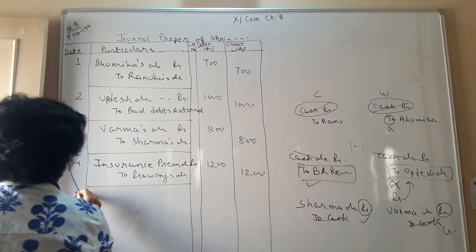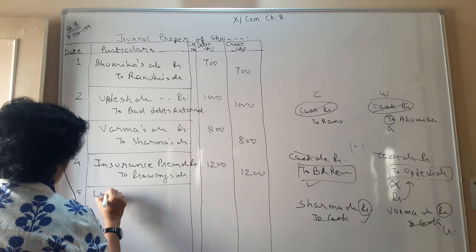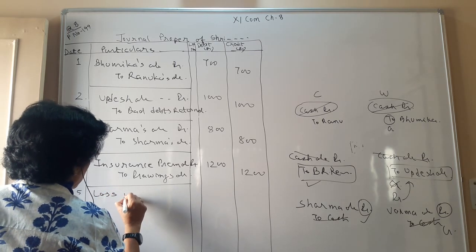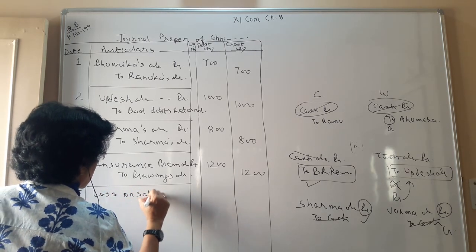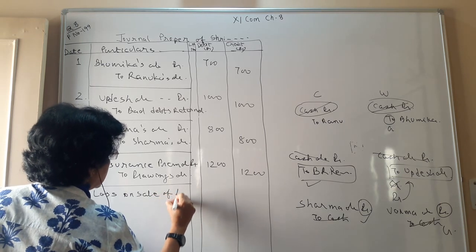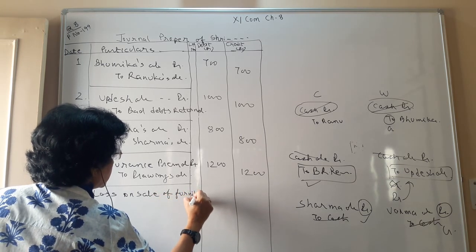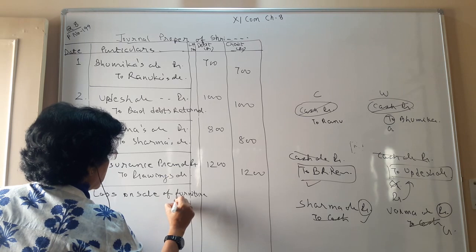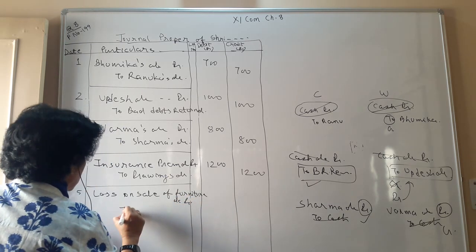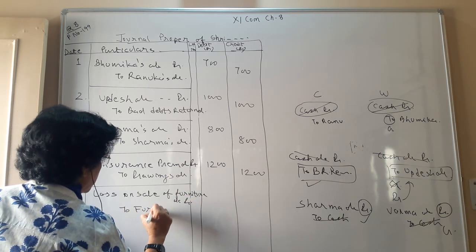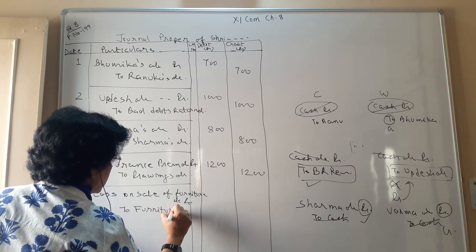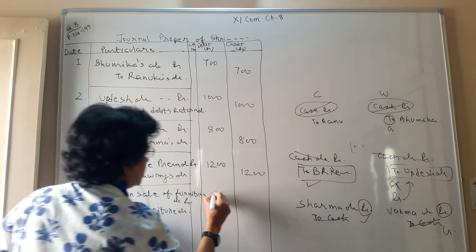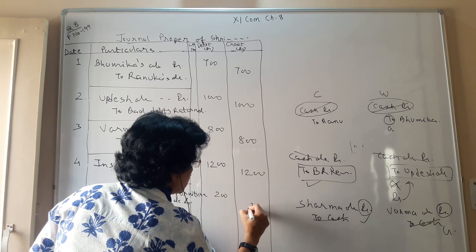That is number 5. Loss on sale of furniture account debit to furniture account. Only that 200 portion. 200.